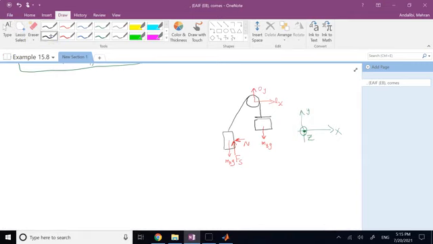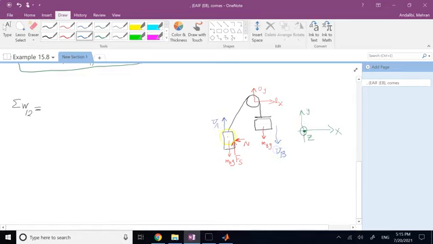So now I can say that the total work in this system between the two positions is equal to, now which one of these forces is doing any work? OX and OY clearly do not do any work because they are applied to the stationary point O, the center of the pulley, which does not move. N is perpendicular to the direction of motion of block A. Block A clearly it is going up, and block B is going down.